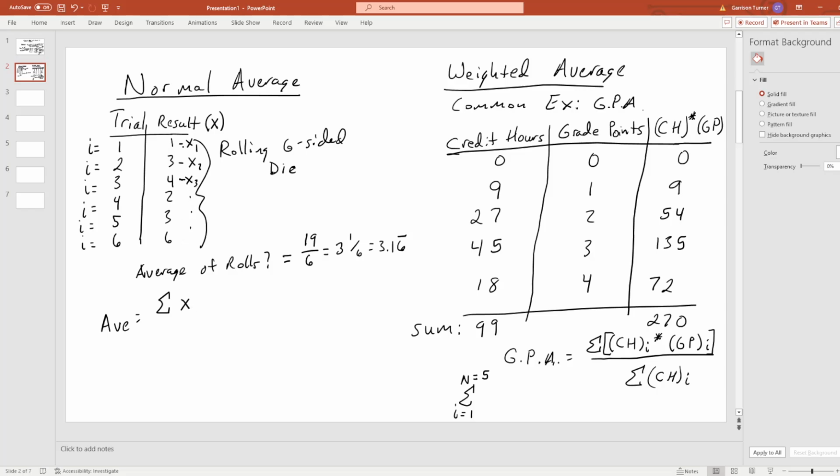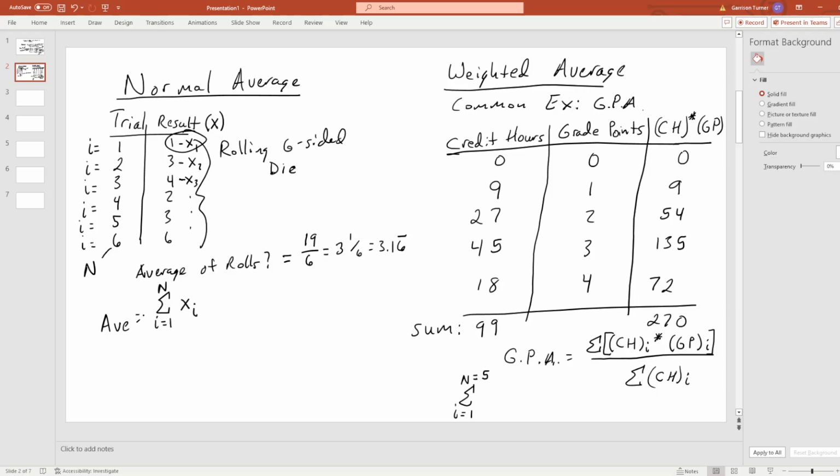Because each of these subscripts corresponds to an index, I can say I need to sum up all of my x sub i's, where I start with my index of 1. So I start with this trial right here. And I'm going to add everything up to my maximum number of trials, n. So whatever your last number of trials is, that is your n.